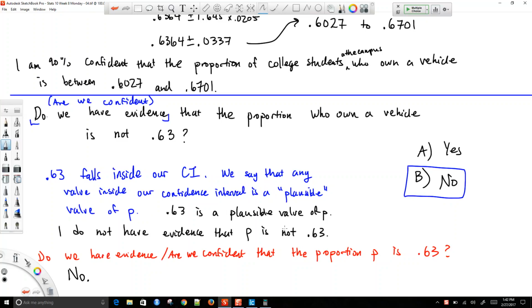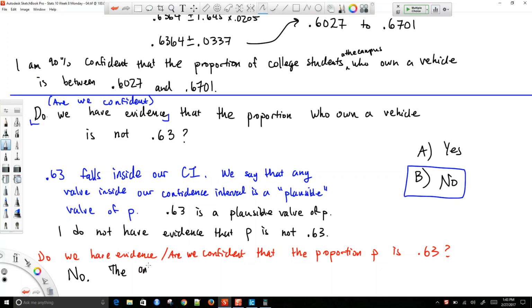The only way you can say that is by observing the entire population and calculating the exact population proportion P. Then there's no question. But that's the only way you can get an exact value for the population proportion P.